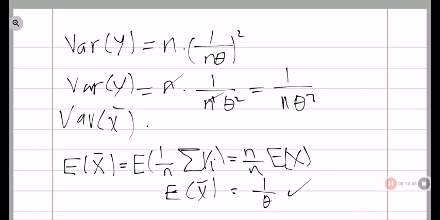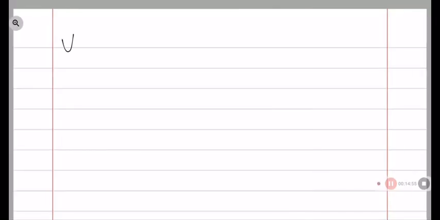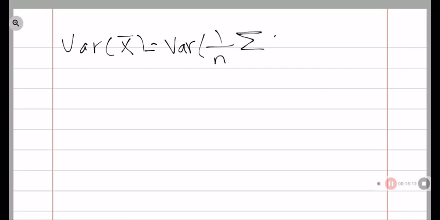And the variance of x bar is equal to the variance of 1 over n sum of xi from 1 to n.